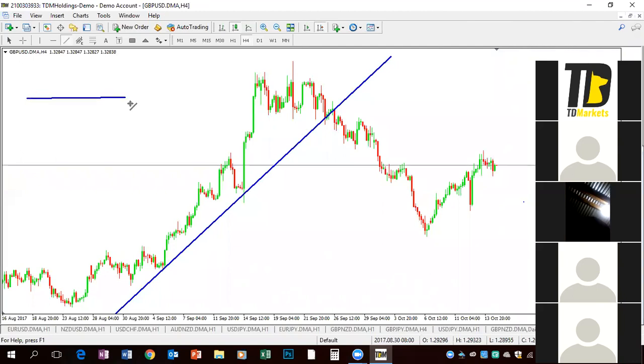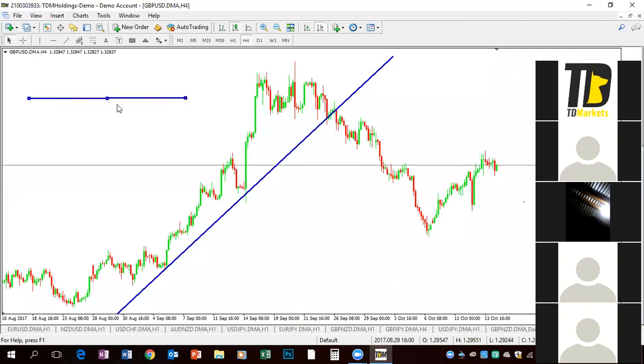Normally I take my trend line, I draw it in my chart and make it straight so that I can use these smaller trend lines. I don't want to use these long lines. I'll use them when I want the price. Now I will double click and I will say control, click and drag.